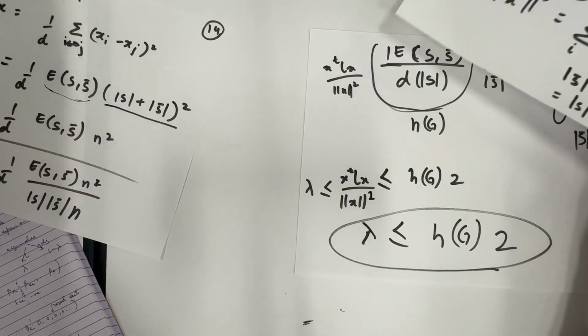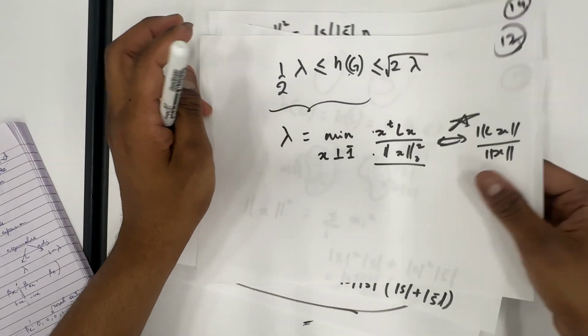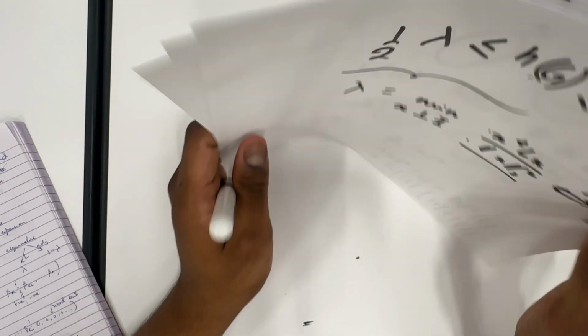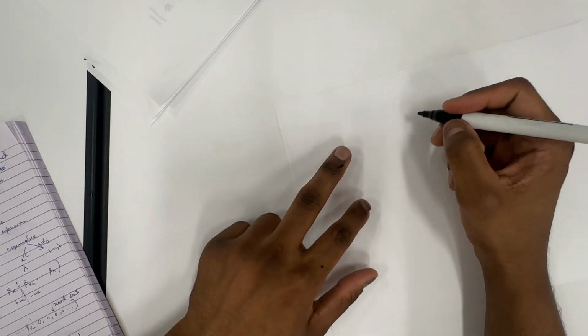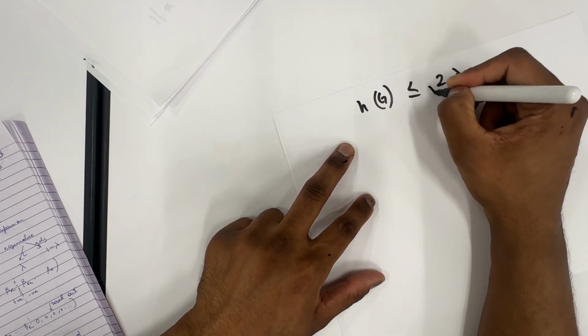All right. Now let's look at the other side: h of g is less than 2 lambda. To talk about intuition, when the graph was disconnected, lambda is 0 and therefore expansion is 0.